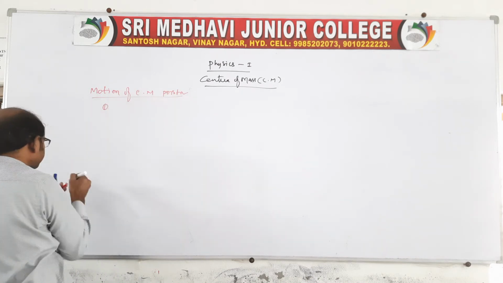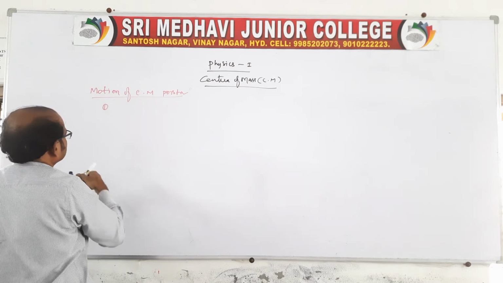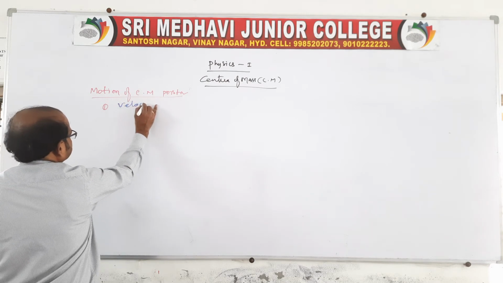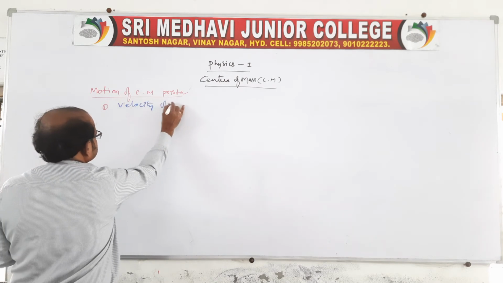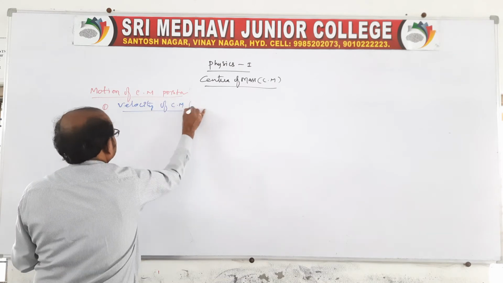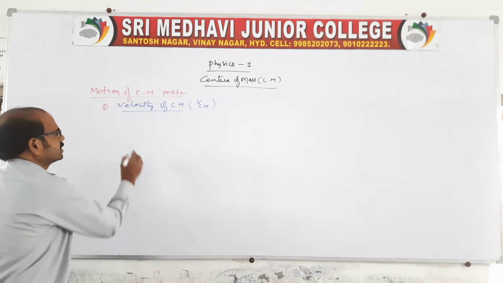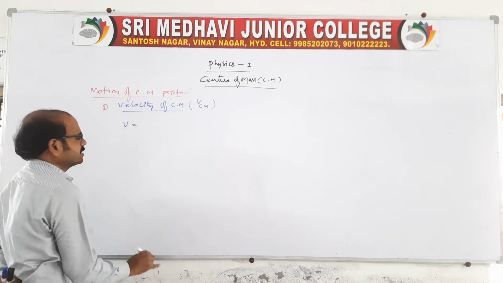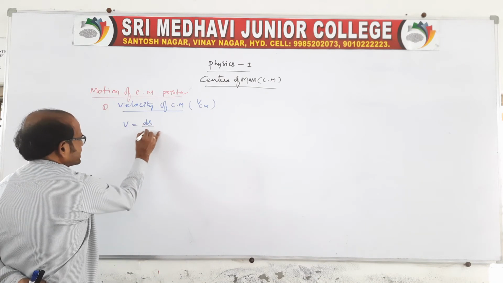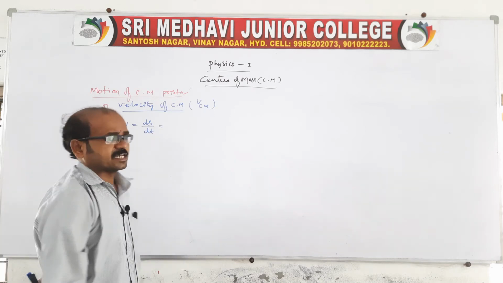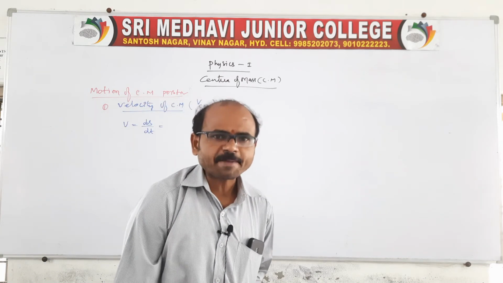The first case is the velocity of a center of mass, which we write as VCM. In general, velocity is the rate of change of displacement, the change in displacement with respect to time.